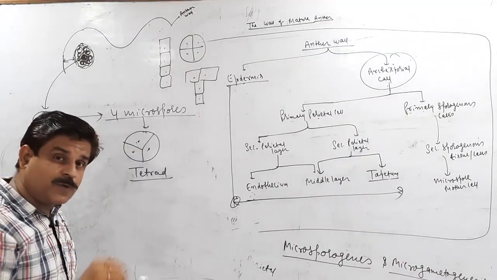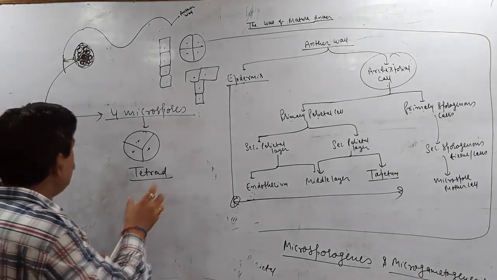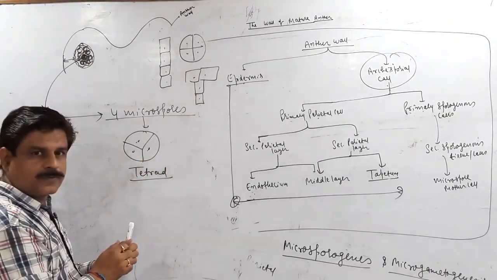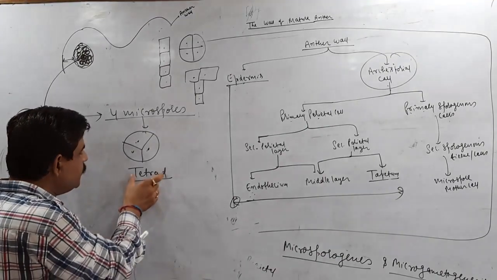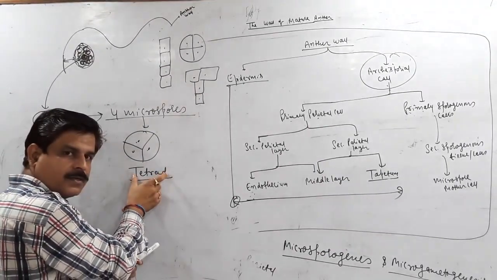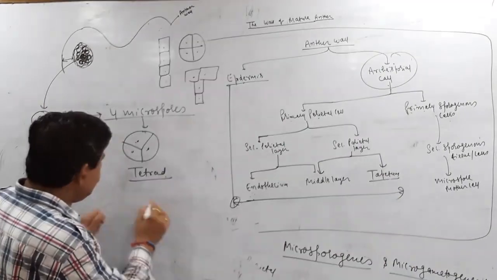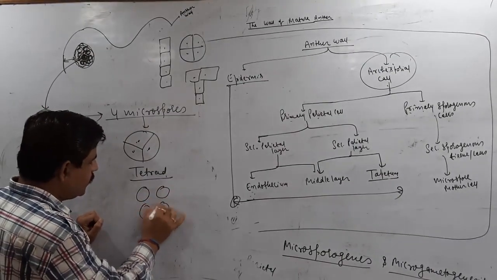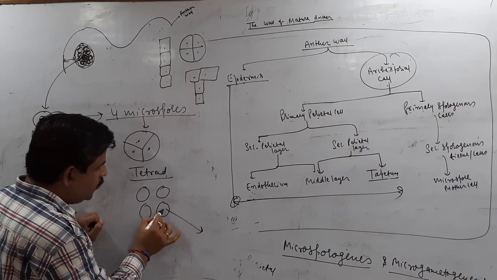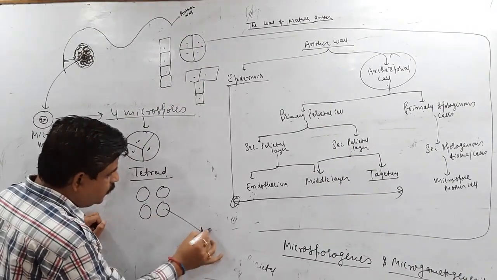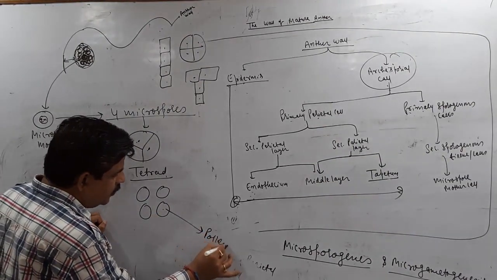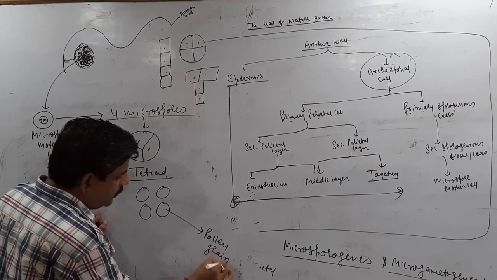But in most angiospermic dicots, the microspores are in the form of a tetrahedral tetrad. Later on they get separated, and each microspore is converted into a pollen grain.